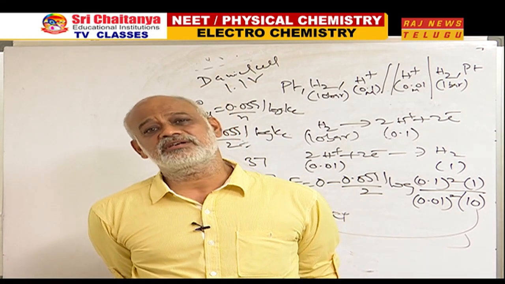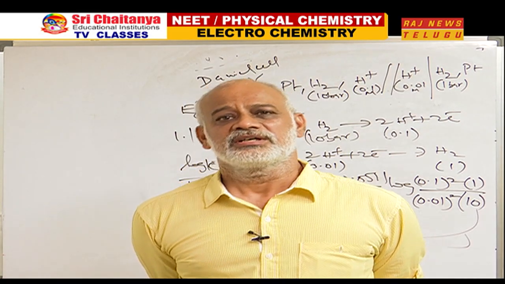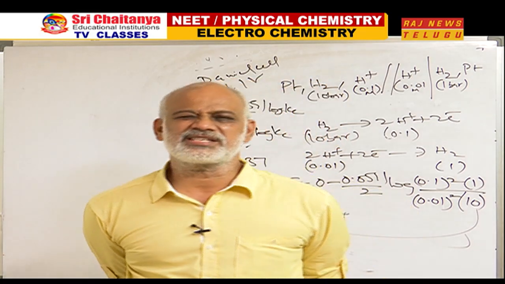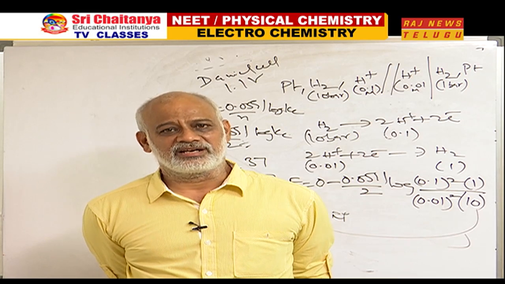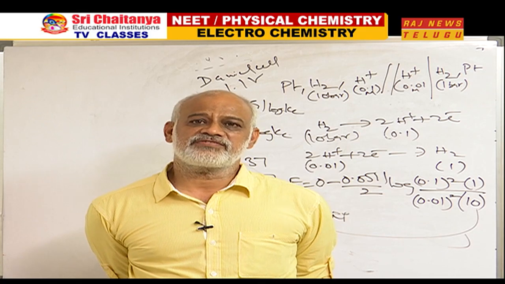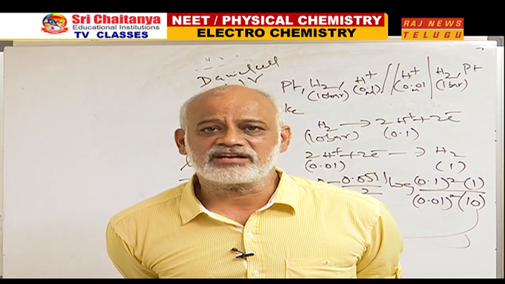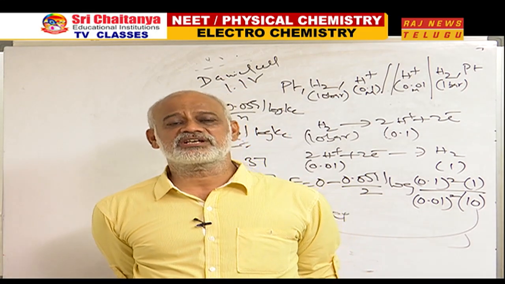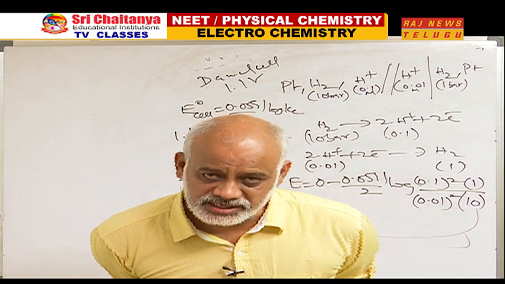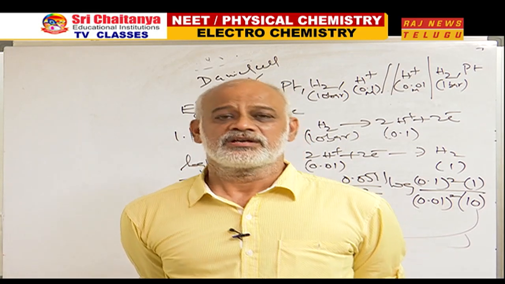Then how is this related to the galvanic cell and to cell potentials? Very simple. Any metal undergoing corrosion acts almost like a miniature galvanic cell on its surface.